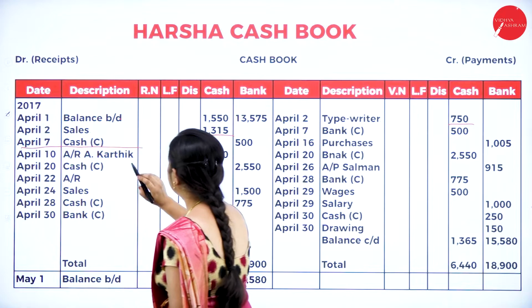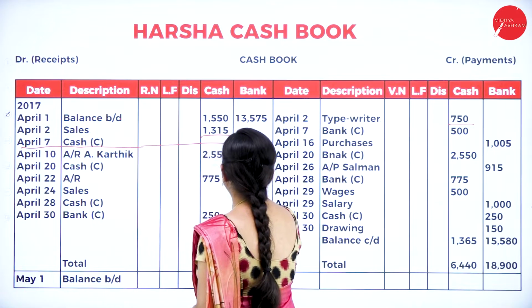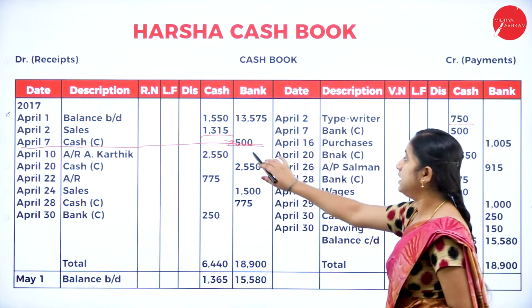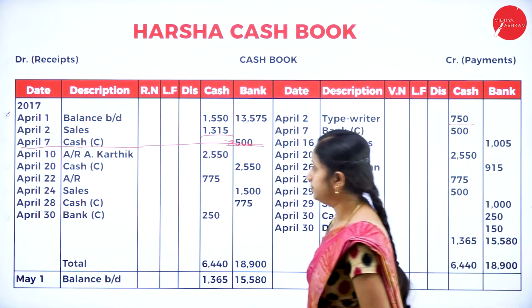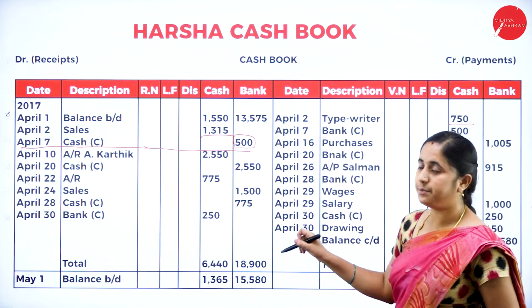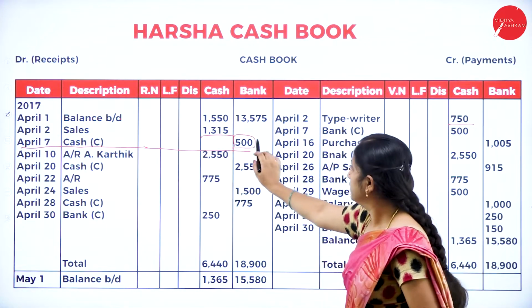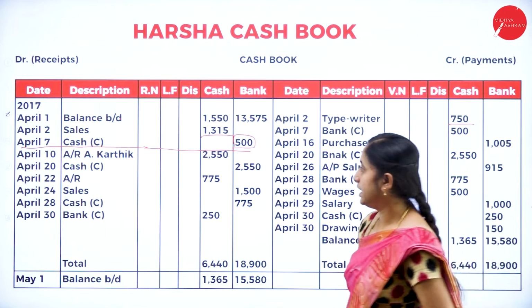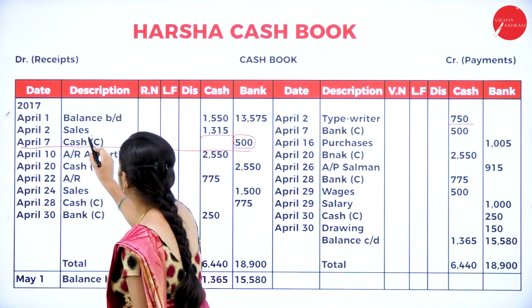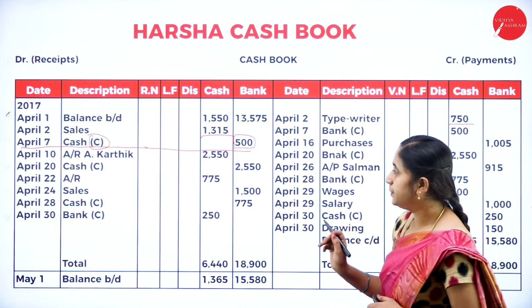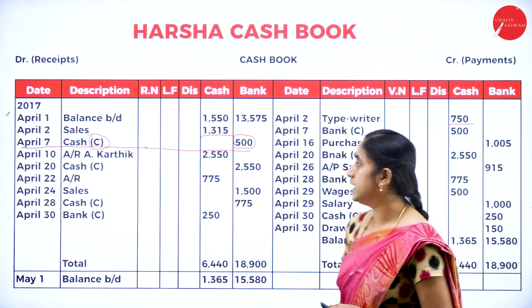April 7, cash account rupees 500. You are going to deposit in the bank, so the amount should be written in the bank column. Here bank is debited, so write in the bank column 500. This is the contra entry, so write C within the bracket.